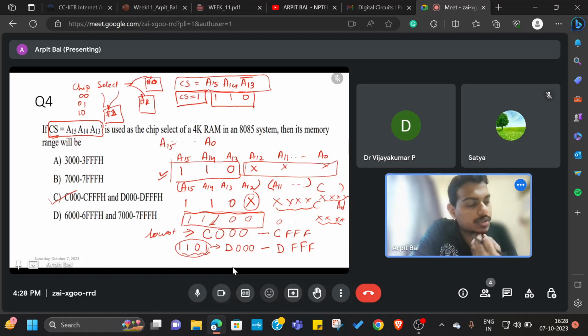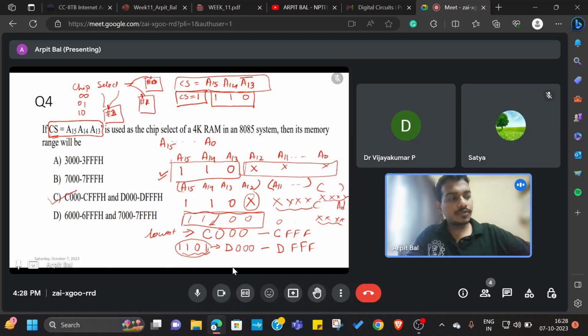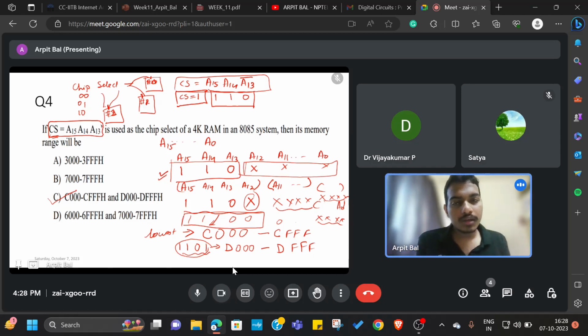The next question was related to the memory range. Here the equation for chip select is given, and chip select is a signal used to select out of a given set of chips. If you want to select any one chip, then you have to figure out for what values of A15, A14, A13 the chip select will be 1.